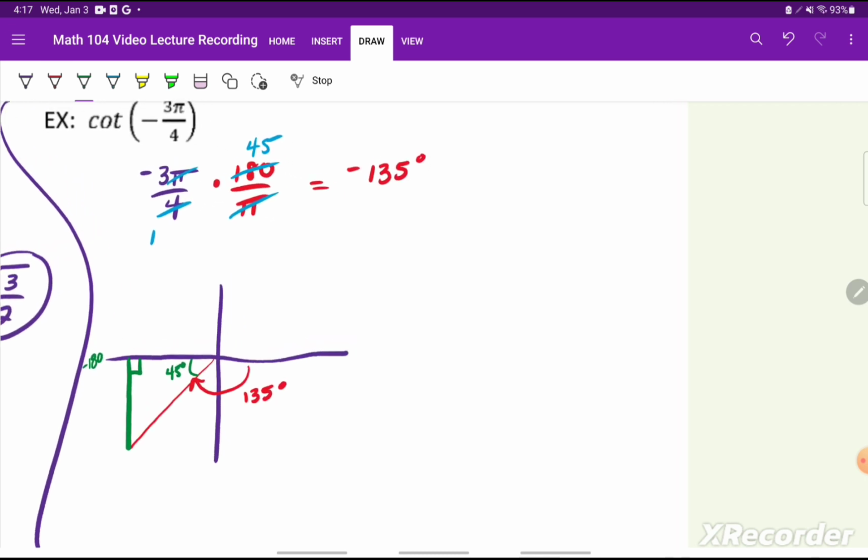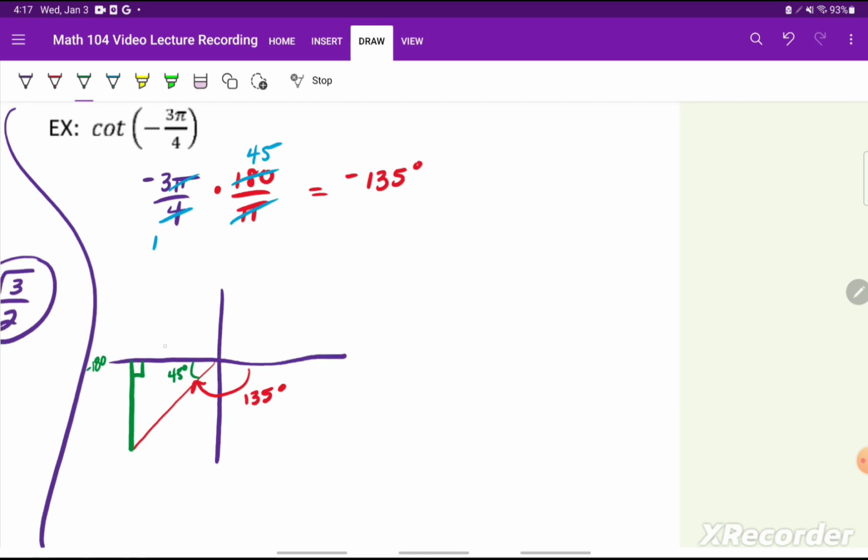So we know we have a 45, 45, 90 triangle here. The two sides of a 45, 45, 90 triangle are the same. We label them both x. Note, since we are in quadrant 3, both will be negative. And then our hypotenuse is x times the square root of 2. It's coming from our special right triangles. So if you need a refresher on that, please go back and watch the special right triangle videos.